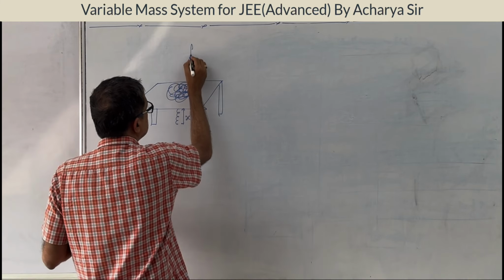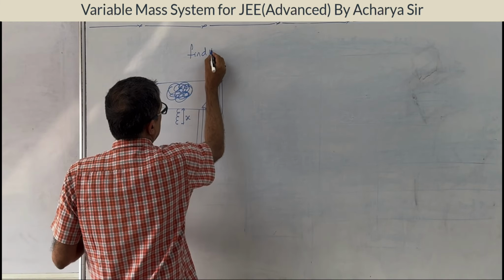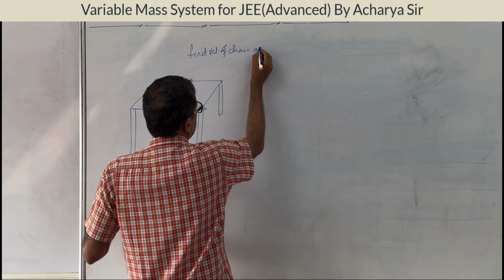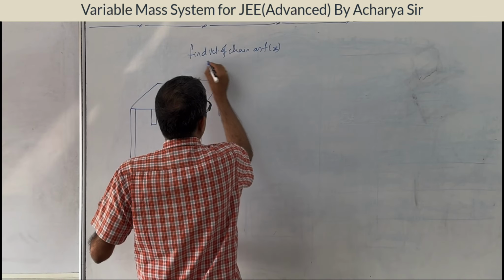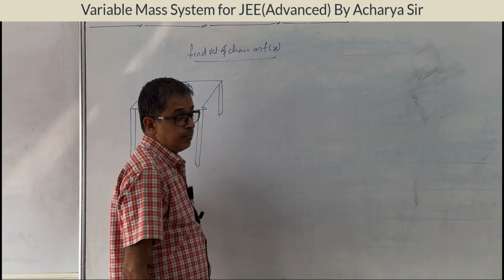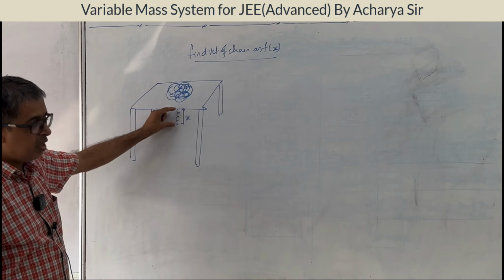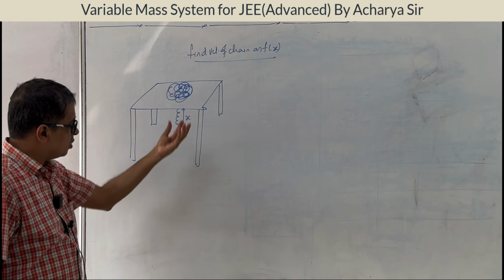The question asked is: find the velocity of the chain as a function of x.